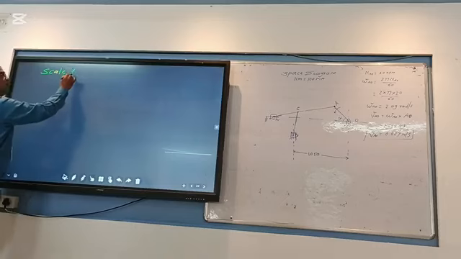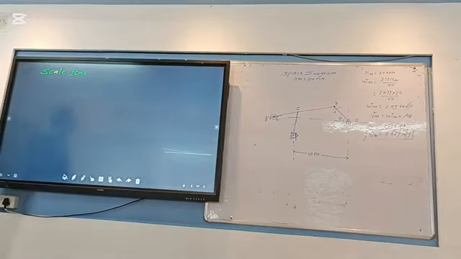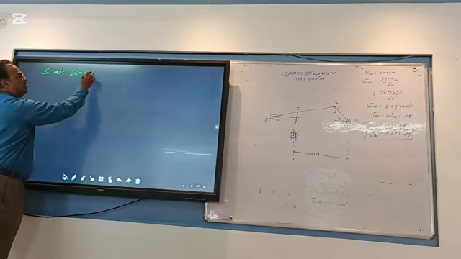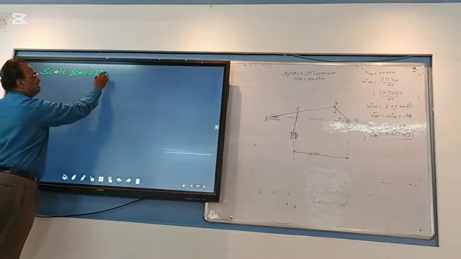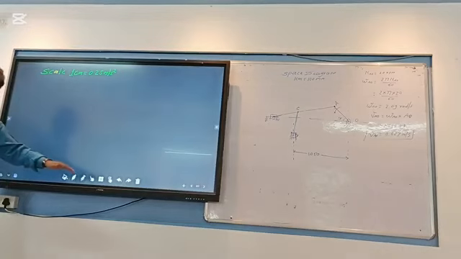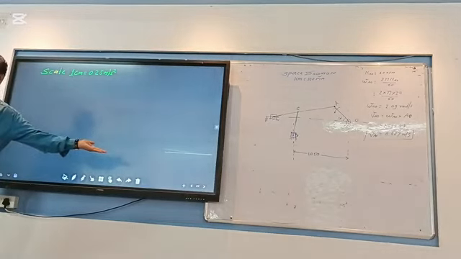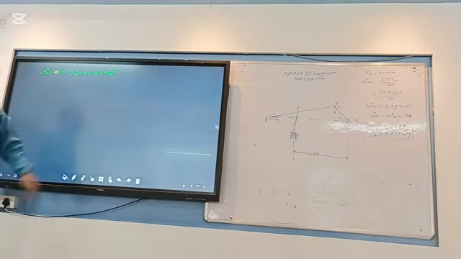So my scale for acceleration diagram is 1 centimeter equal to कितना लो? 0.25 meter per second square. This will be the scale. How I have selected? By observing the previous table of the acceleration table. Yes or no? So I have selected the acceleration diagram polygon scale.